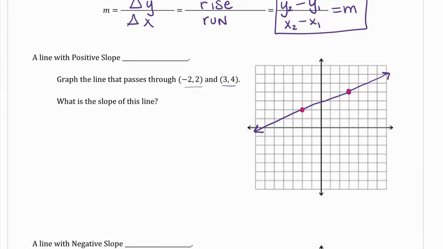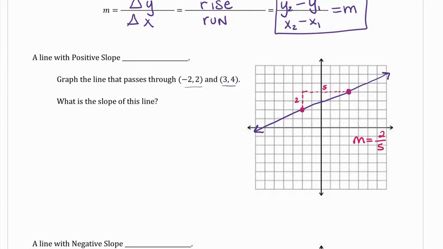So on this graph, I would rise 2, and I'm going to run 1, 2, 3, 4, 5, right? So we've got a rise of 2 and a run of 5. So then that means our slope of that line would be the rise over run. So it's 2/5. So one way to get your slope is by being able to put it on a graph and then counting that slope. How much does it rise? How much does it run?